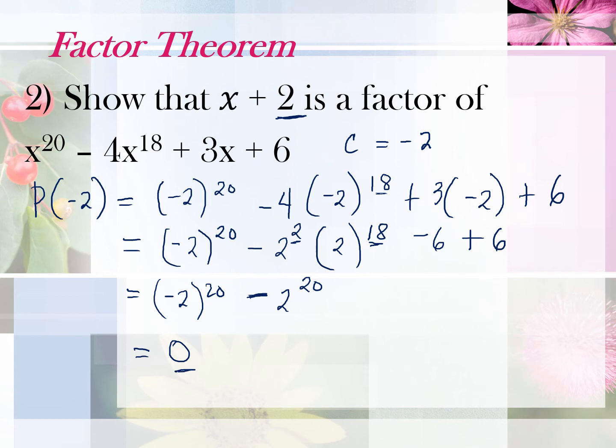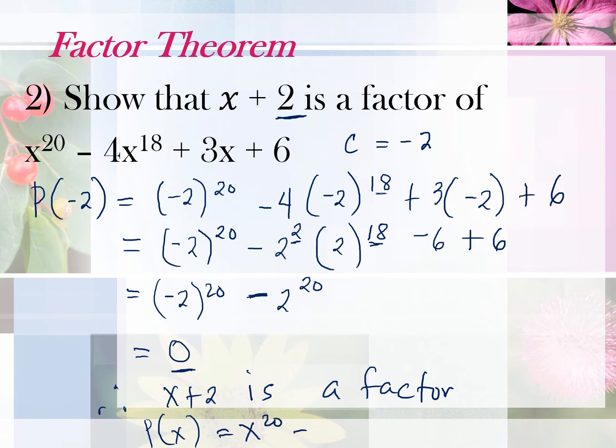So, it means, yung x plus 2, so therefore, x plus 2 is a factor of p of x equals x raised to 20 minus 4x raised to 18 plus 3x plus 6.